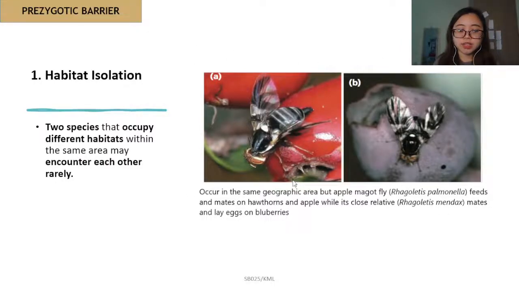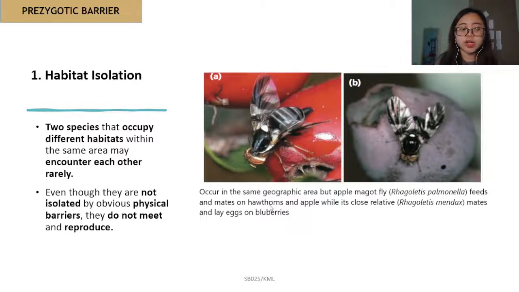So although they're in the same area, they're going to mate on different places. We're also going to compare it to its close relative, which lays eggs on blueberries. So even though they are not isolated by obvious physical barriers, because of their preferences, they do not meet and reproduce. Their preferences for where they live.